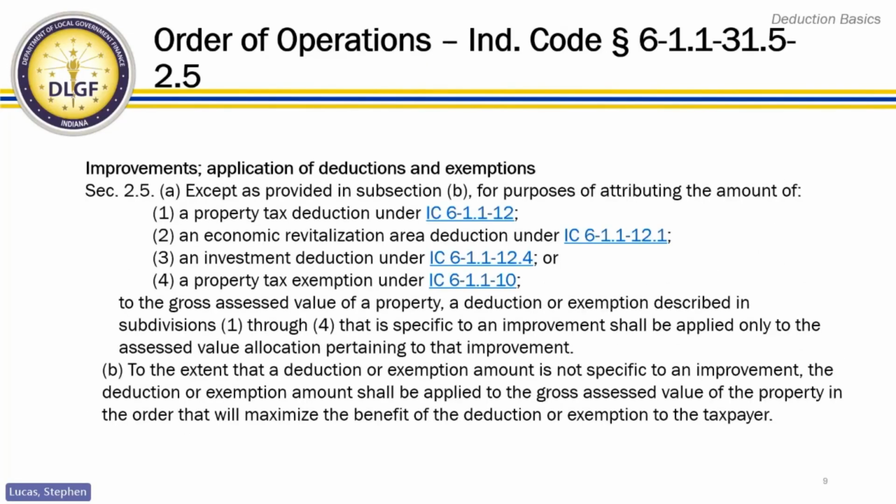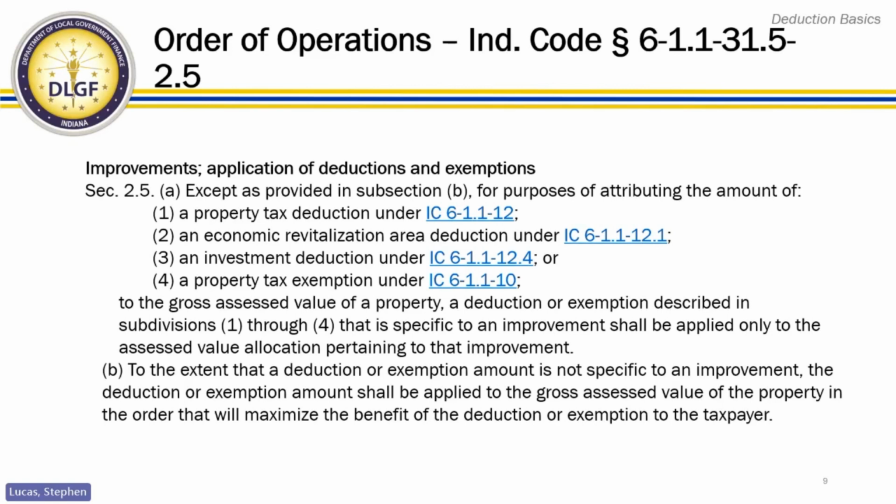I also wanted to mention very quickly here how these deductions are to be applied and in what order. There is a statute here that I'm displaying that says if a deduction is specific to an improvement, that deduction is applied only to the assessed value allocated to that improvement.